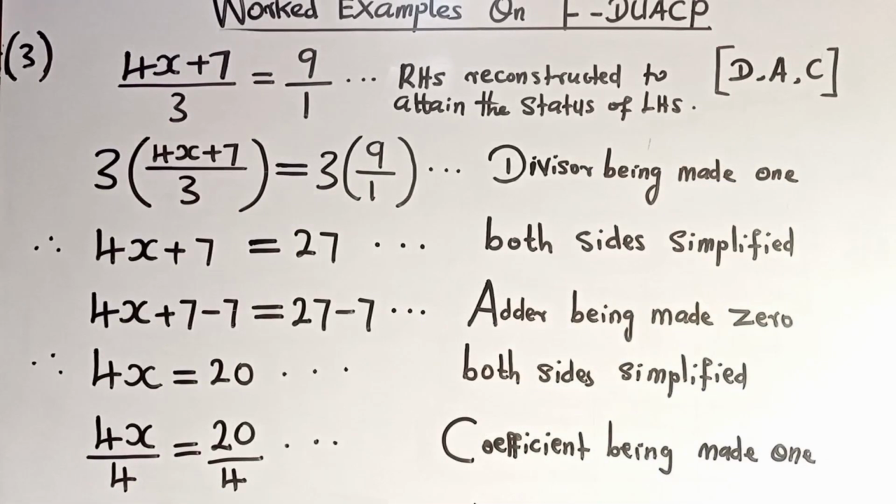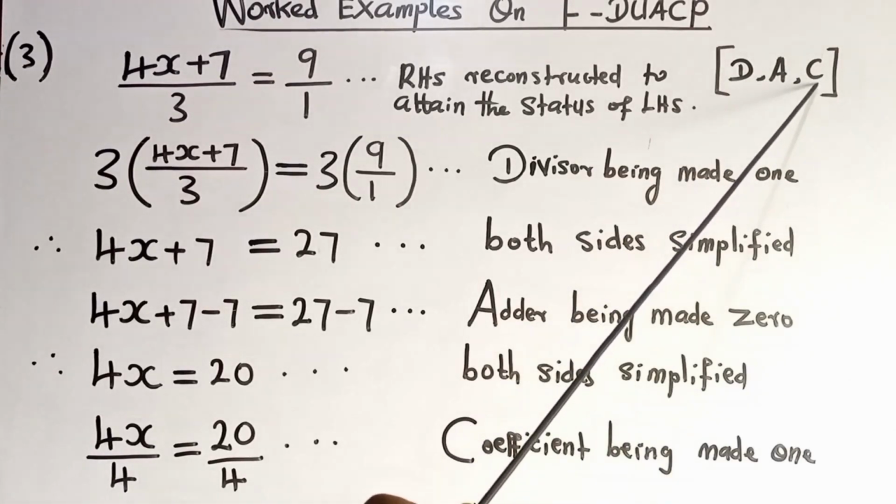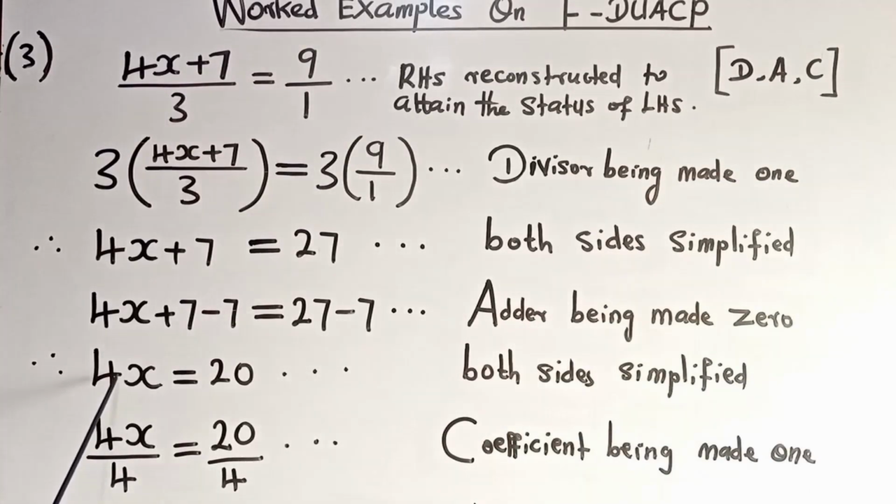Let's continue. The next is that after we have made divisor become 1 and we have made adder become 0, the last skill to apply is to make the coefficient become 1. 4 is the coefficient instead of 1. Let us make it 1. This is why 4 will divide 4.